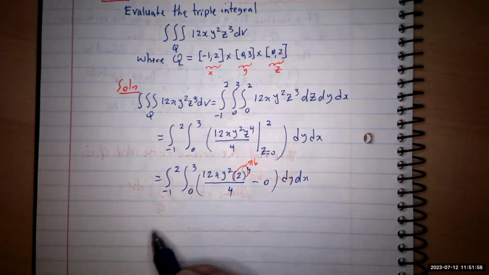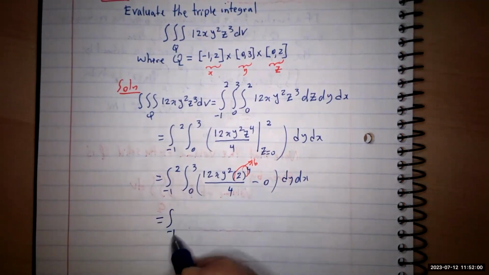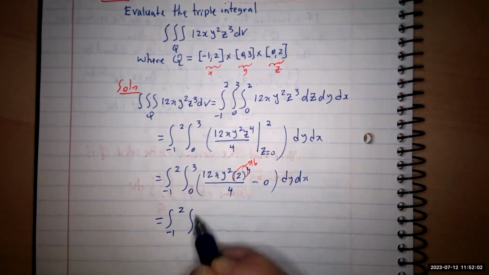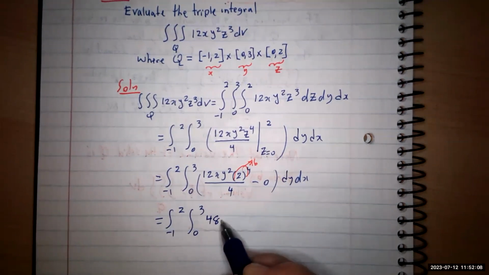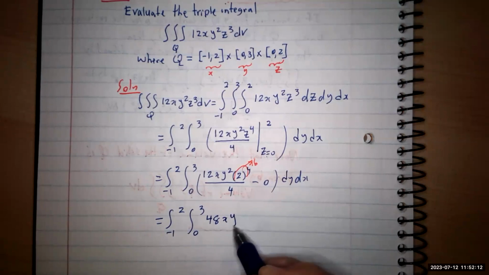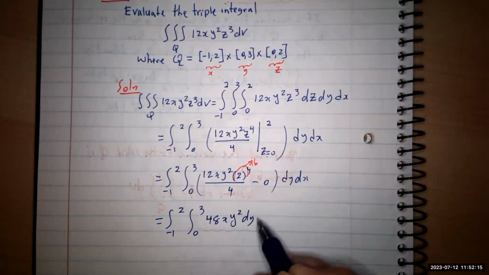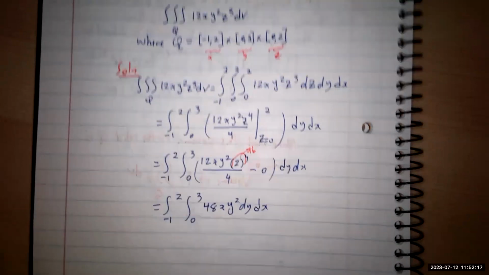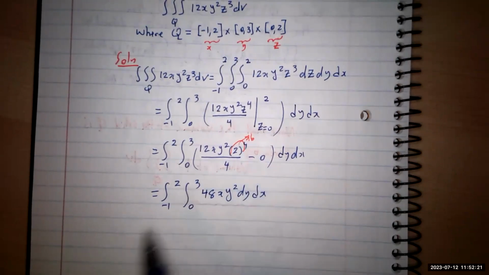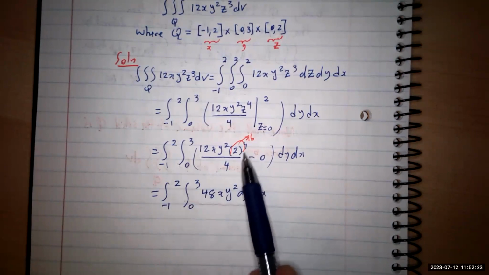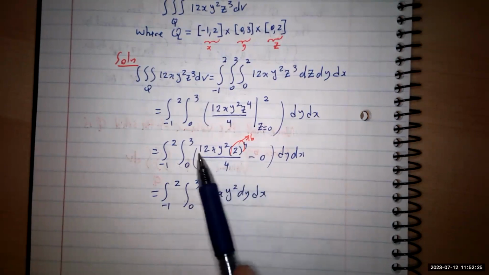So it's going to be -1 to 2, 0 to 3. Okay, so I have the 48x y squared dy dx. I substitute 2 to the 4th, then simplify it: 16, 16 divided by 4 would be 4, 4 times 12 would be 48.